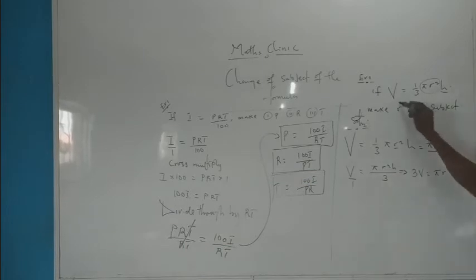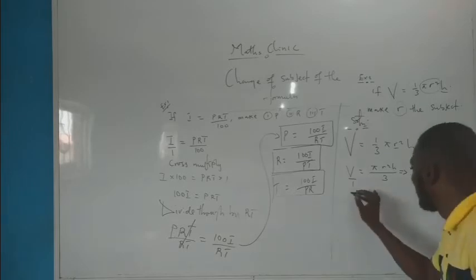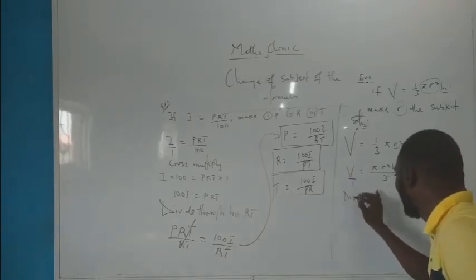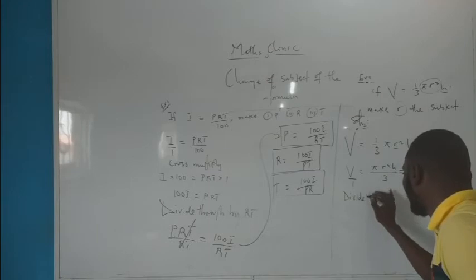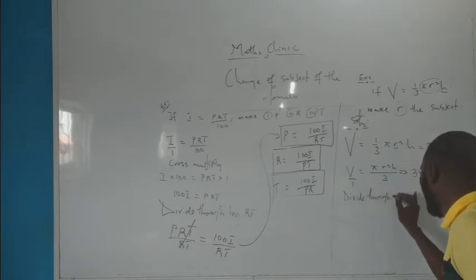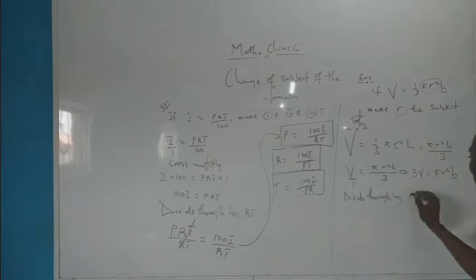We want to make this the subject, so we have to look for a way to remove these. So we can have 3V divided through by pi h. Divide through by pi h.